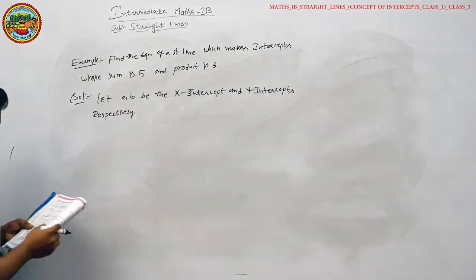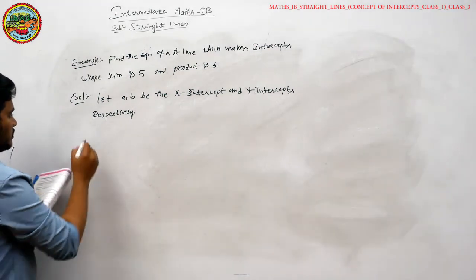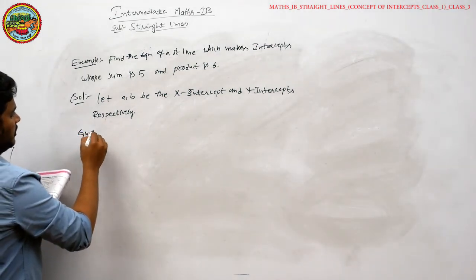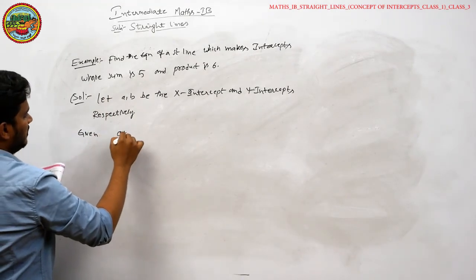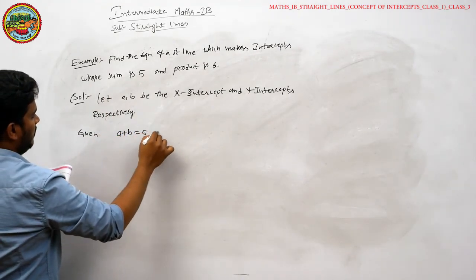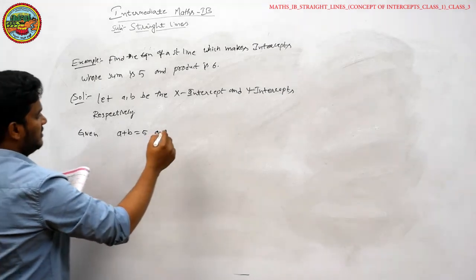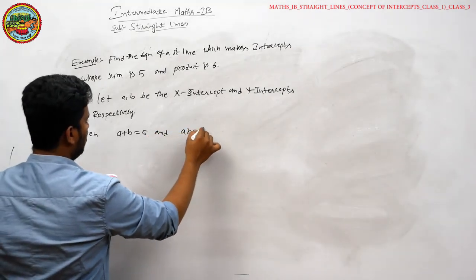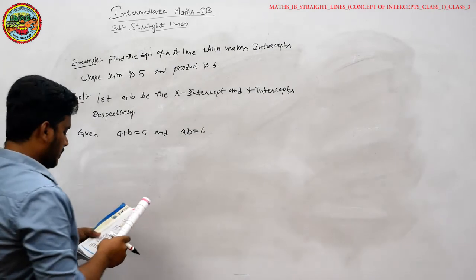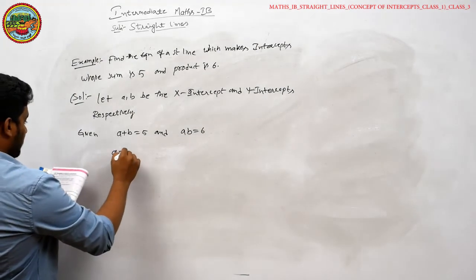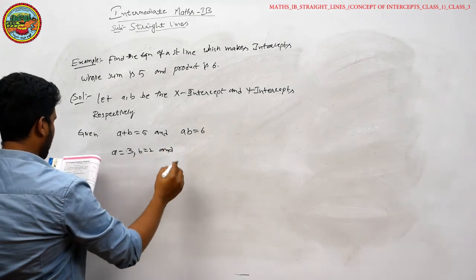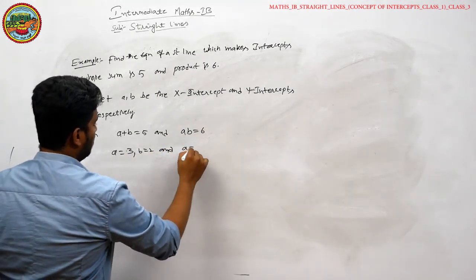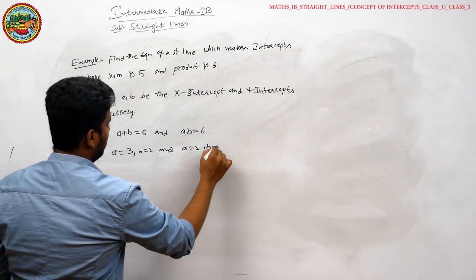Okay, so given that the sum of the intercepts is 5, that means a plus b is equal to 5 and the product is 6, that means ab is equal to 6. So we get the values a is equal to 3 and b is equal to 2, and a is equal to 2 and b is equal to 3.